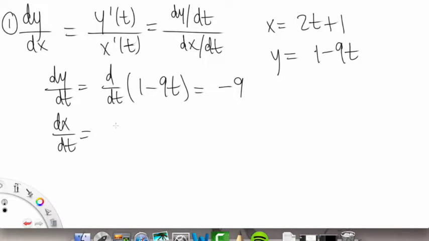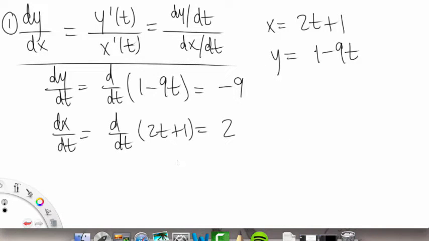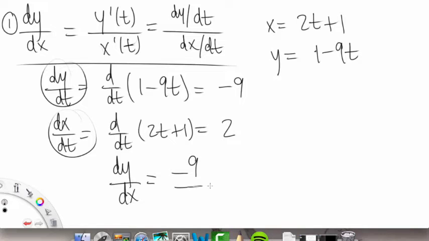Deriving the parametric x equation with respect to t, we'll just get a 2. So dy dx is dy dt divided by dx dt, so that'll just be negative 9 over 2. That's the answer that we get from the first method.